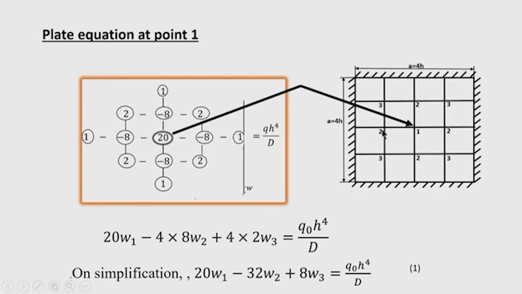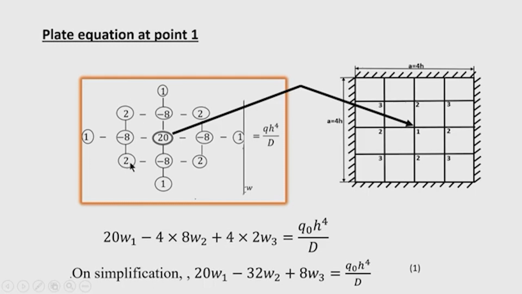Then again this is minus 8 and 1, falling on the edges. This is minus 8, 1, falling on the edges, and this is also falling on the edges, and these are the points here with coefficient 2. So, naturally 20 W 1, minus, because of symmetry, these deflections are equal.